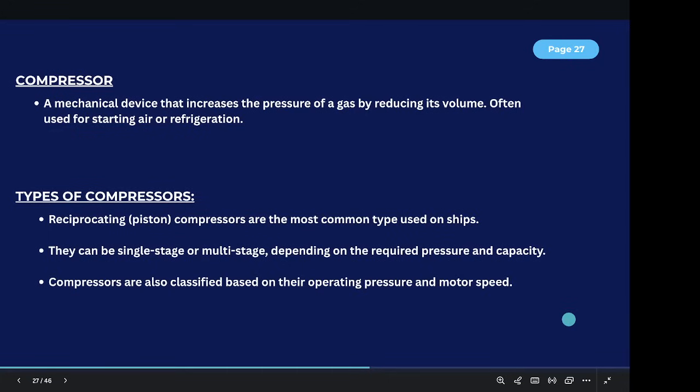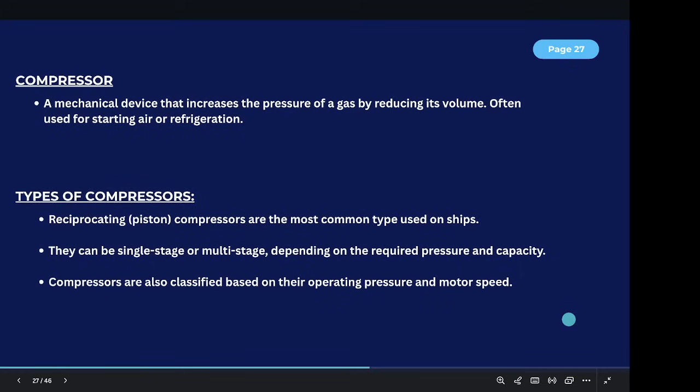So next that we have here is what we call the compressor. So the compressor is a mechanical device that increases the pressure of a gas by reducing its volume.